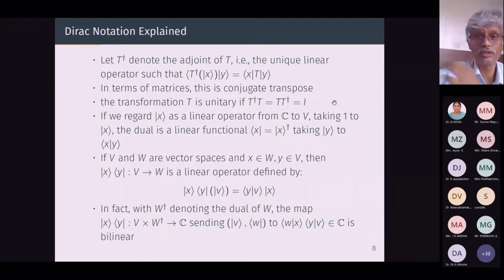Now, how do you define a linear functional for a vector ket of x? If we regard this ket of x as a linear operator from C to V, taking 1 to the ket of x, that is how you embed C inside V. The dual of this is a linear functional, namely the bra of x, which is the ket of x adjoint, taking y to the inner product between x and y.